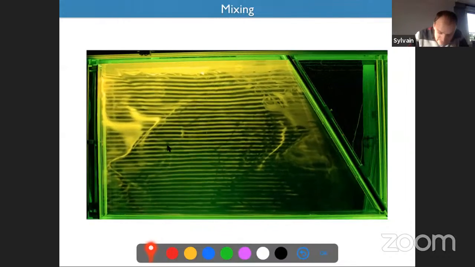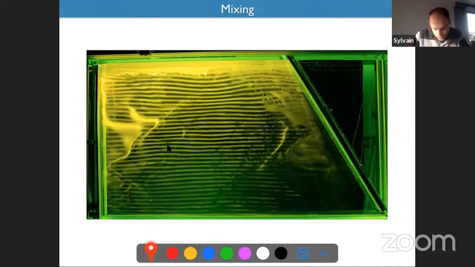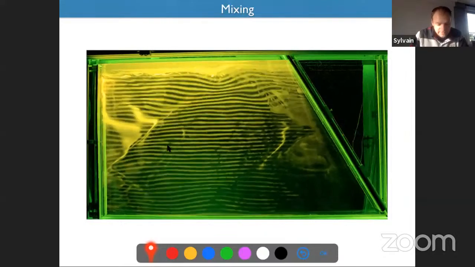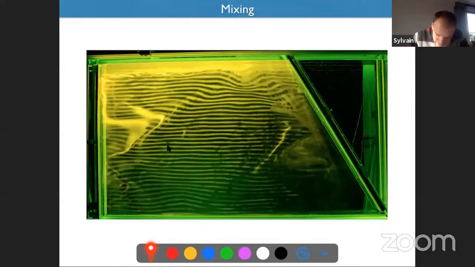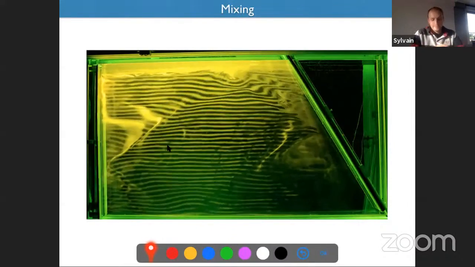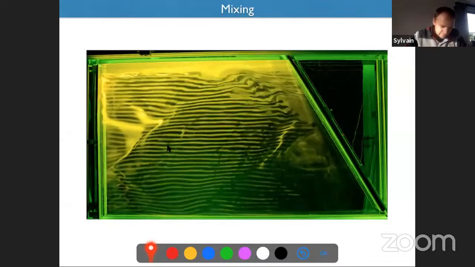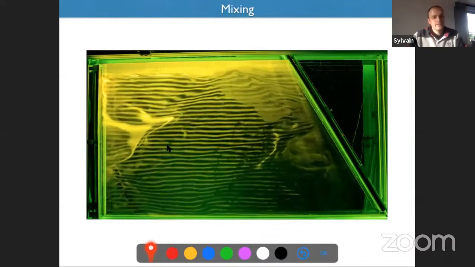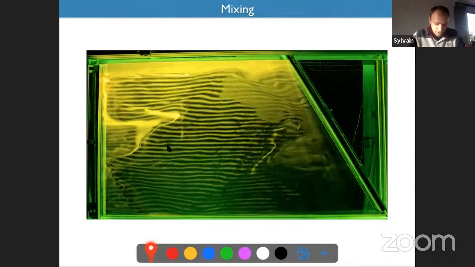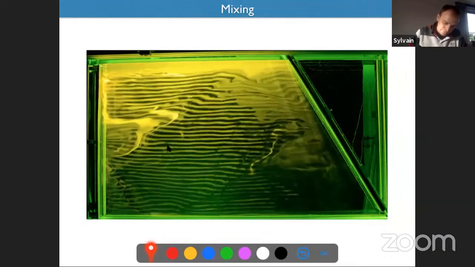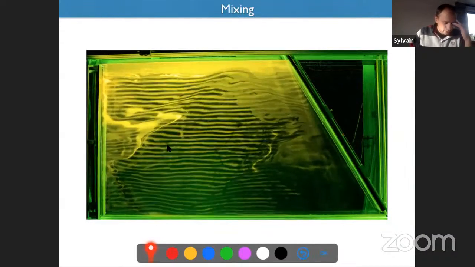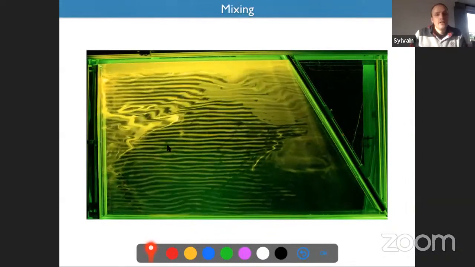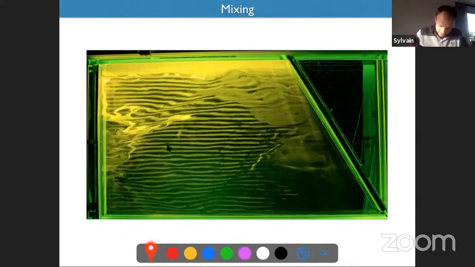And here you can see that if you are able to look at the density field using this dye, you can see some of the wave breaking. And this is the experimental technique I want to describe for the last part of my lecture, how we measure the density during the mixing.